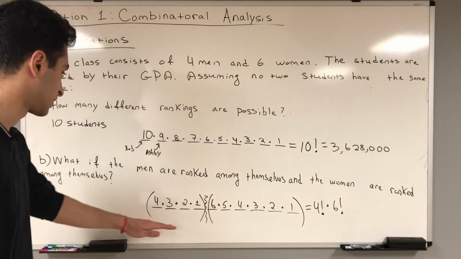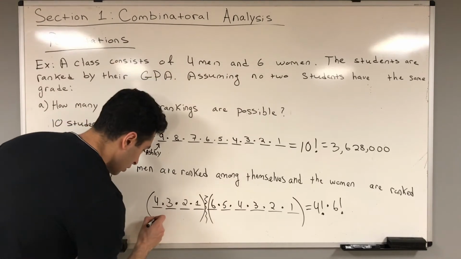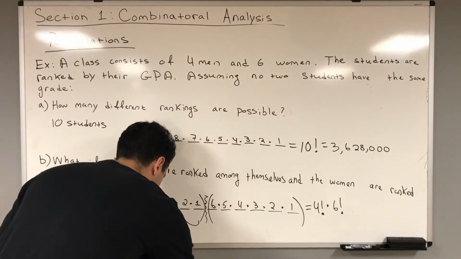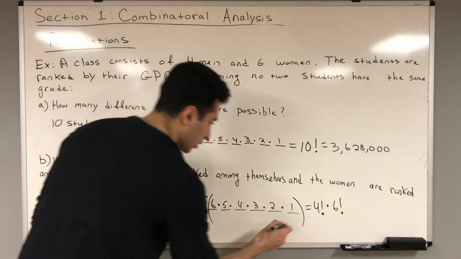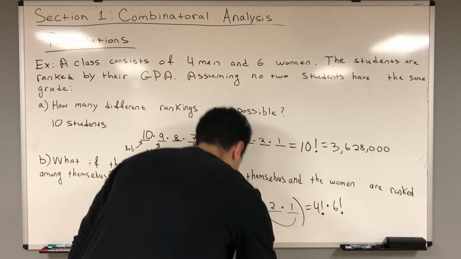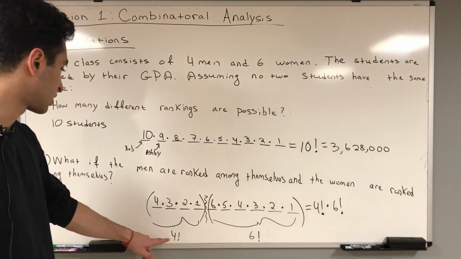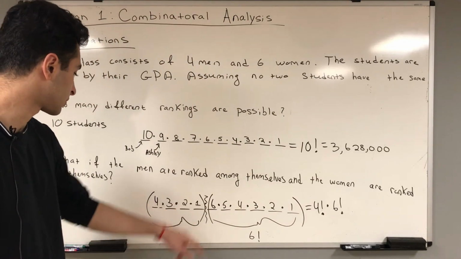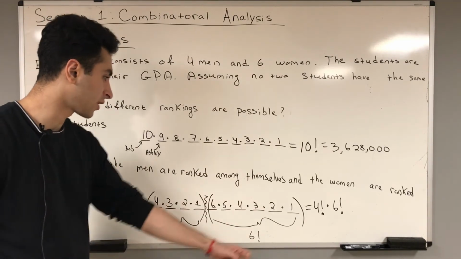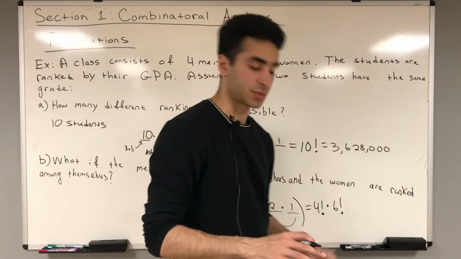This is 4 factorial. And this is 6 factorial. If you notice, because the 4 is here, right? And you go 3 times 2 times 1. That's 6 factorial. You multiply them together. That's how many outcomes you get.